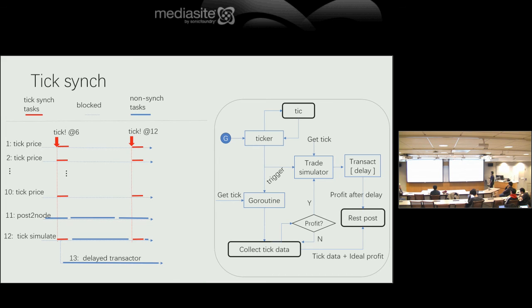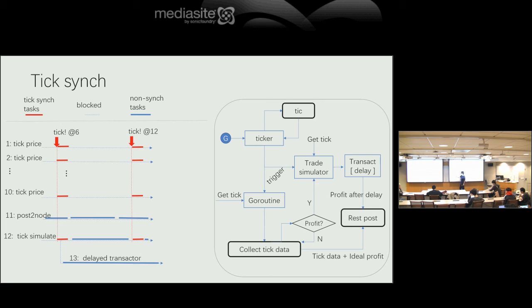What I want to talk about is all the tick routines. They are synchronized by the ticker. So when the ticker fires at 6 seconds, or then at 12 seconds, they will start the task.